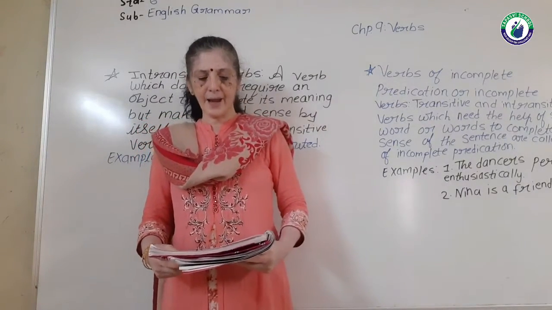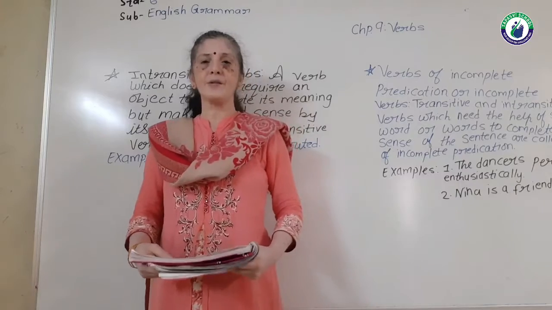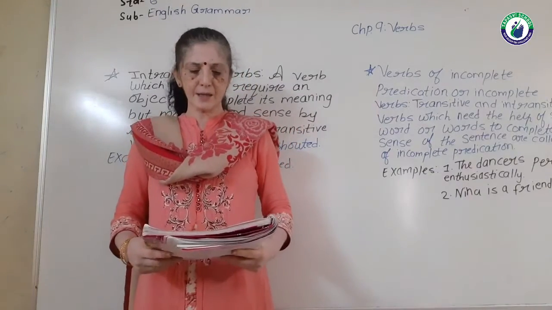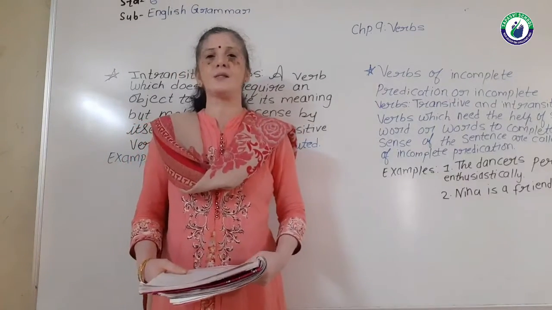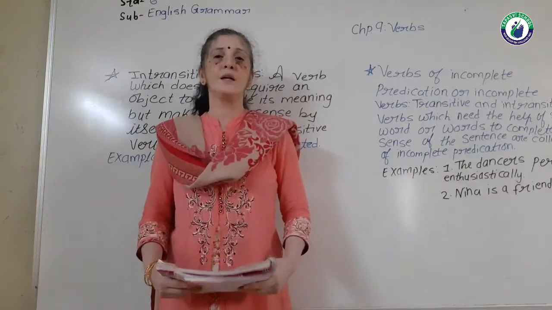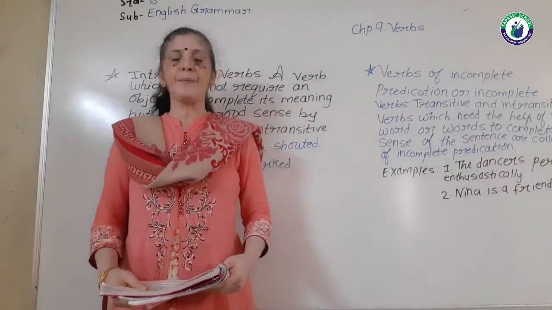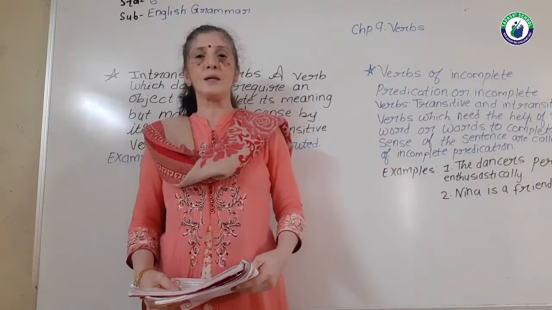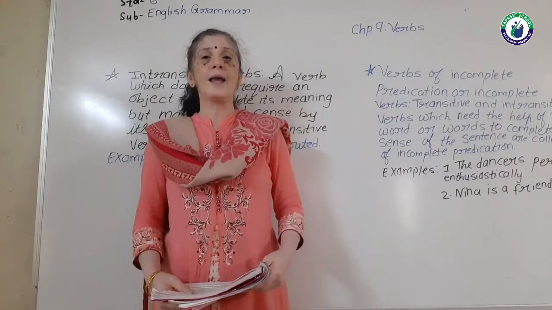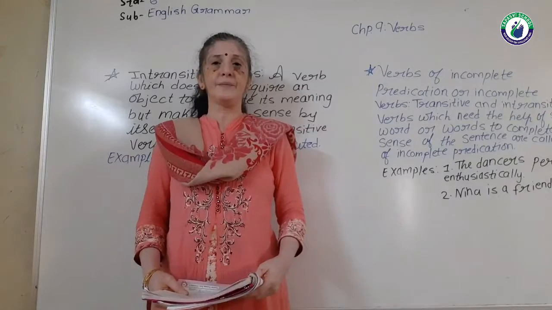Now see here, next example. The dancers perform enthusiastically. See here, perform is a verb of incomplete predication, because here the word enthusiastically is added, right?